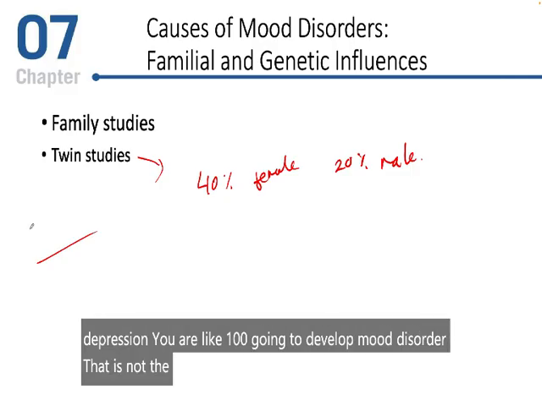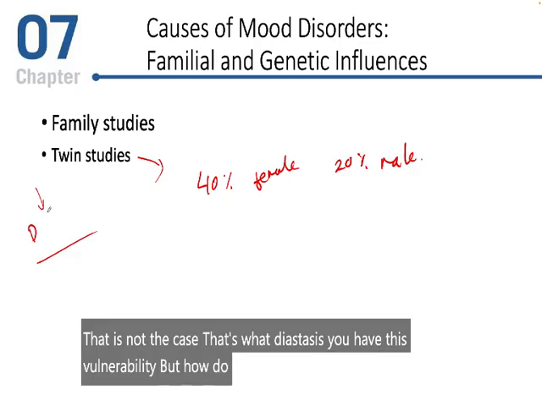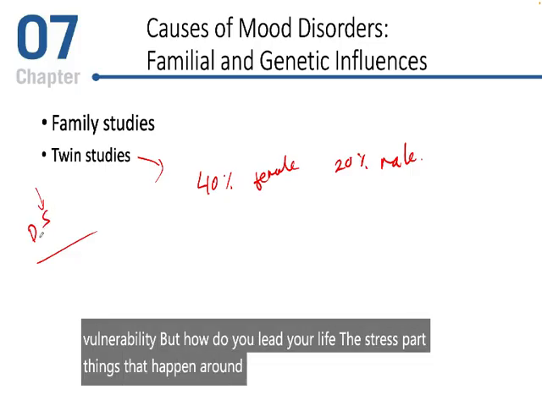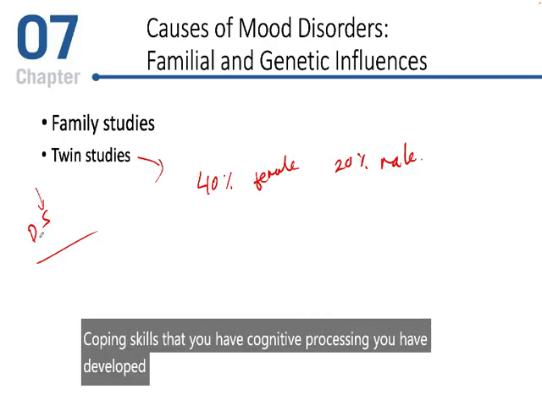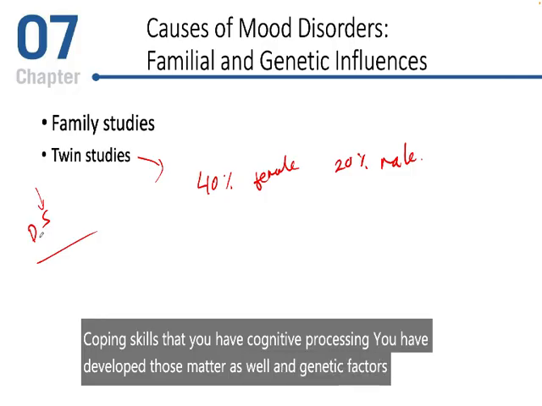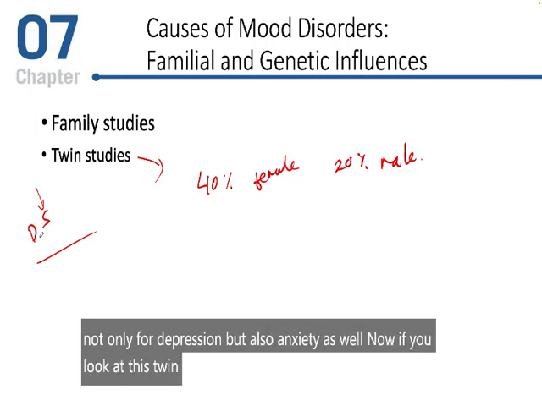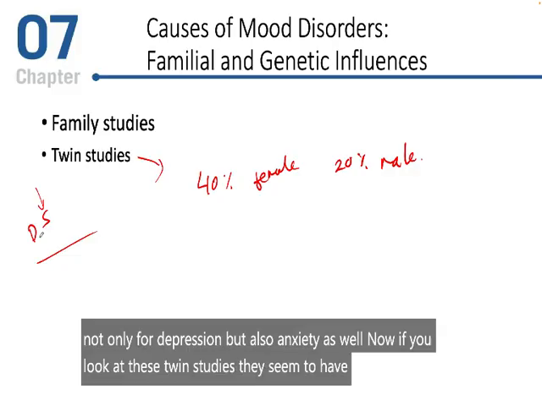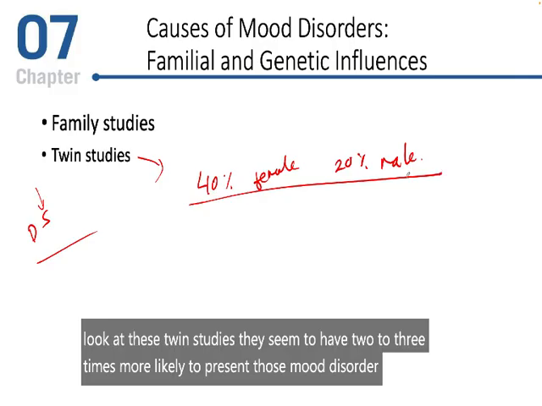That's what diathesis means. You have this vulnerability, but how do you lead your life? The stress part, things that happen around you, coping skills that you have, cognitive processing you have developed, those matter as well. And genetic factors contribute not only to depression but also to anxiety. Now, if you look at these twin studies, they seem to have 2 to 3 times more likelihood of presenting those mood disorders, because in general we have 20 to 40%.